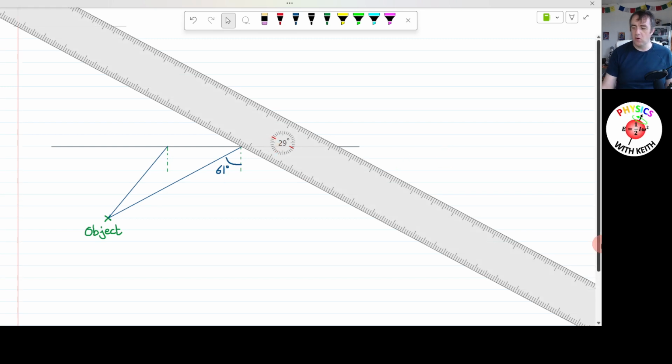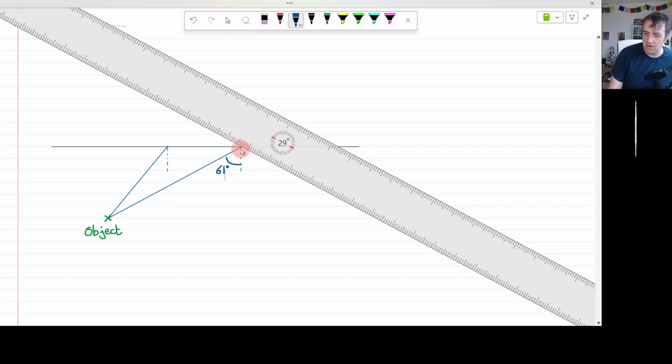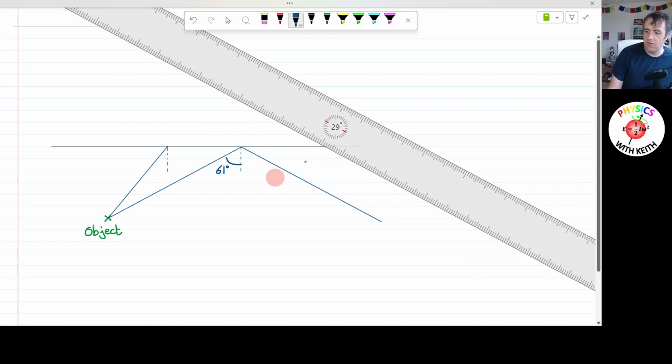Remember, we're measuring from the normal, so I'm a little bit irritated with myself for drawing the mirror horizontally, so I've got to mess around with all the angles, but that is 61 degrees. Get a protractor on the screen if you don't believe me and measure it yourself. This ray I'm now drawing is the reflected ray, where the angle of reflection is equal to the angle of incidence. Let's draw our arrows. We always draw our arrows, and this is 61 degrees.